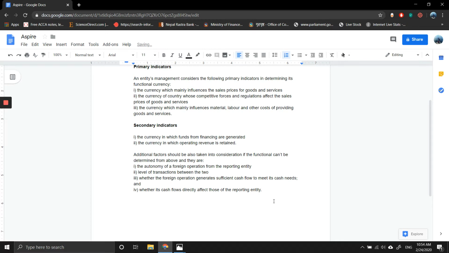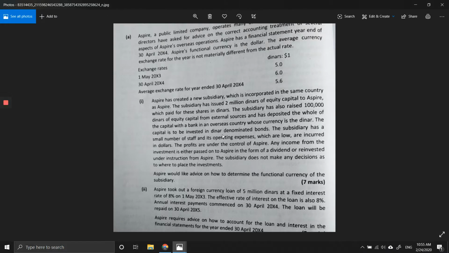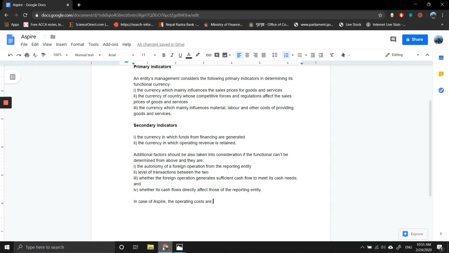So, application to the scenario. In the case of Aspire, the operating costs are incurred in dollars, whereas the funds are raised in dinars. So that is not conclusive, as they contradict one another.